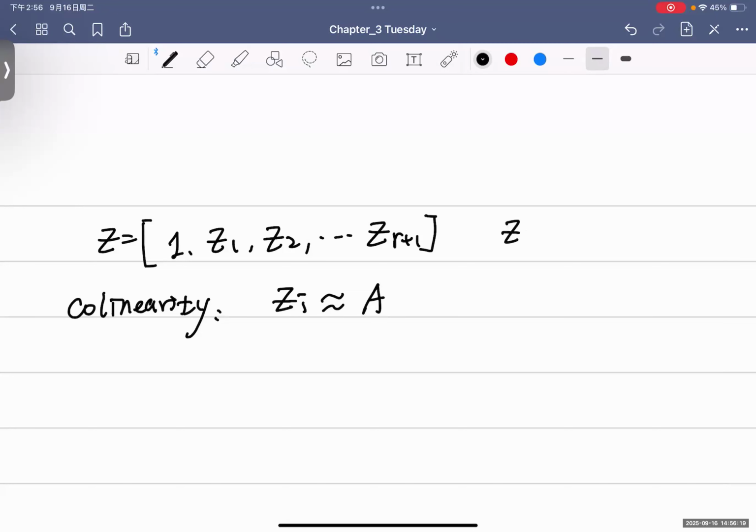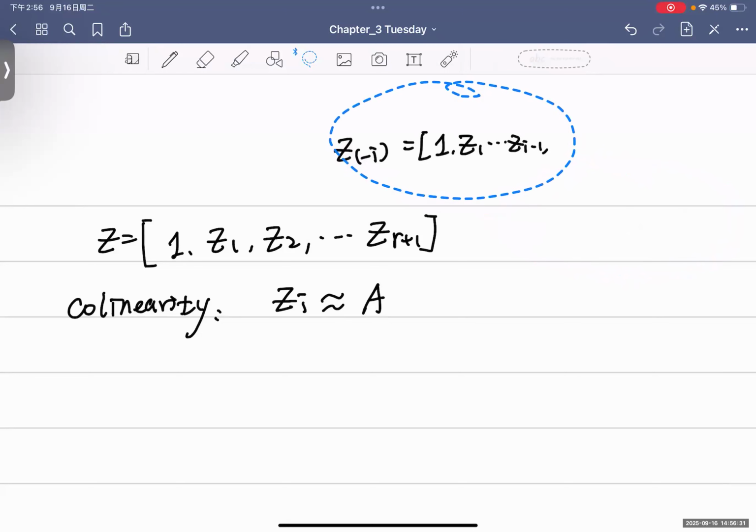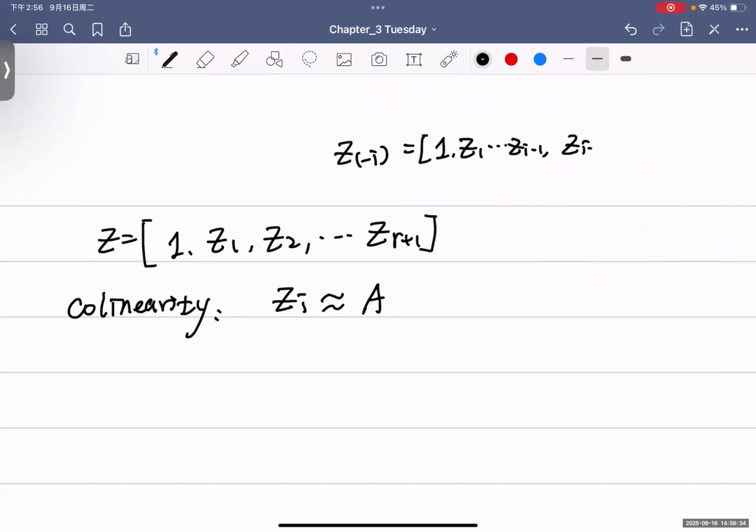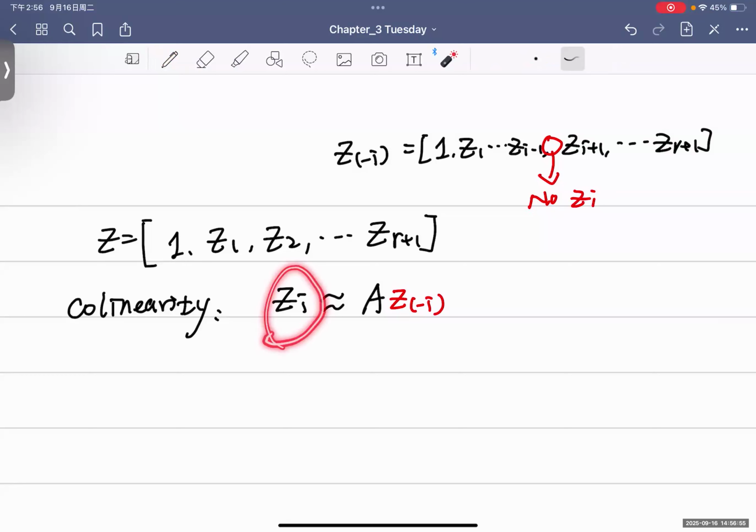If I define z_{-i} as 1, z1, ..., z_{i-1}, z_{i+1}, ..., z_{r+1}, with no zi here, then if zi is close to z_{-i} times A, this stands for collinearity. One feature, the ith feature, can be represented as a linear combination of the other features. We call it collinearity.